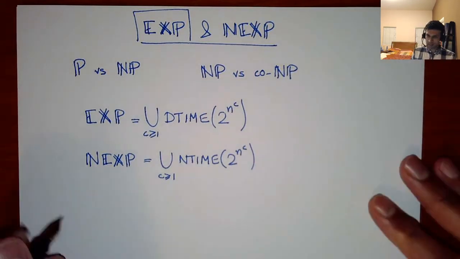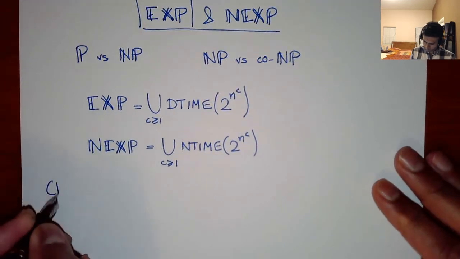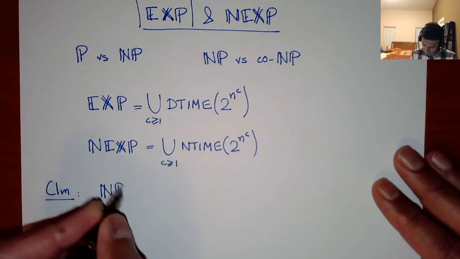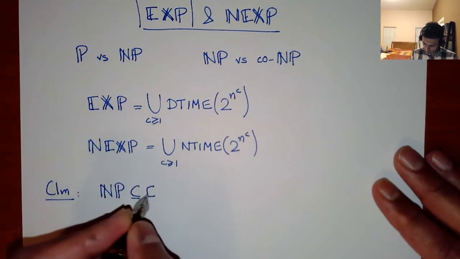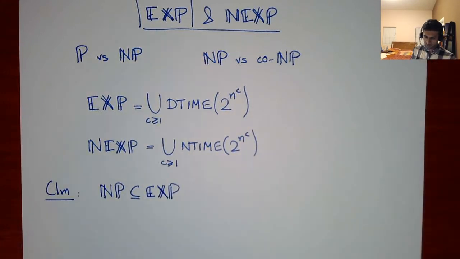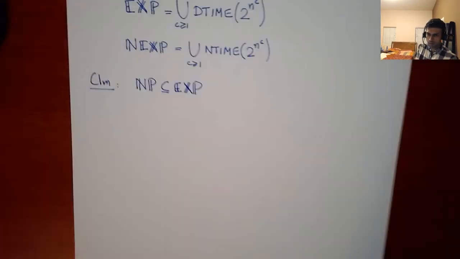So first, it's a relatively simple claim that NP is in EXP, and I won't write out the full proof.